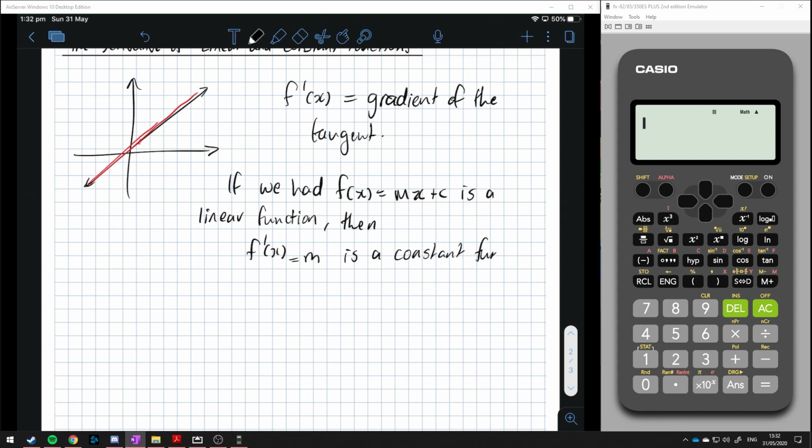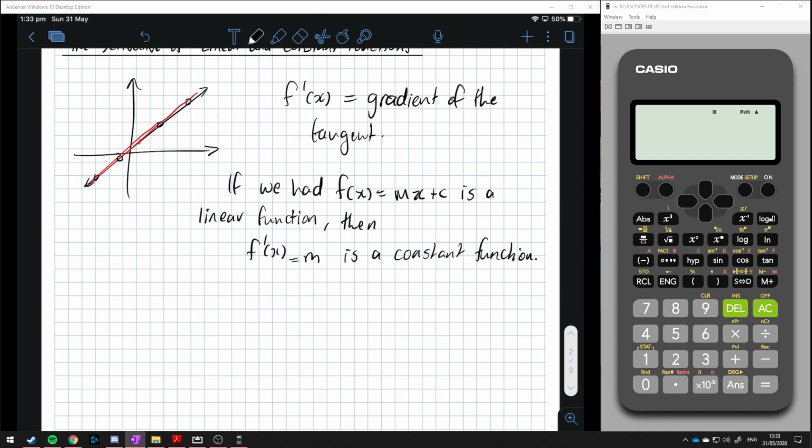function, because it doesn't matter which point I pick on this graph, the tangents that I draw are always going to be the same, and the gradient of that tangent is always going to be the same as well. So the derivative at any point on the linear function is just the gradient.